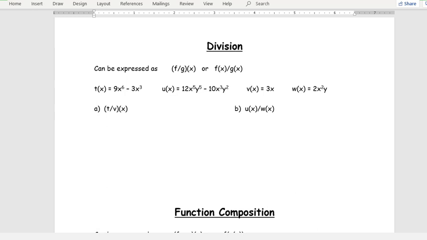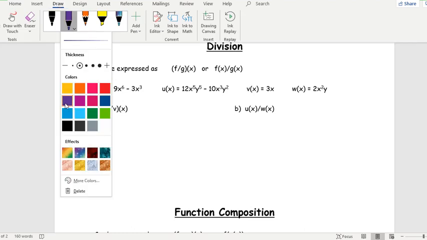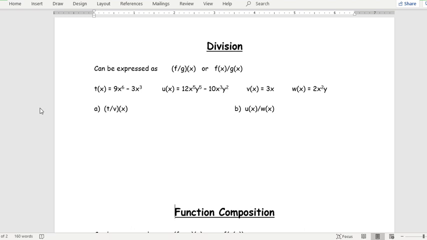All right, so for example A, we want to take t and divide it by v. So let me write that out in fraction form. All right, so t is 9x to the 6th minus 3x cubed, and we're going to divide that by v, which is 3x.